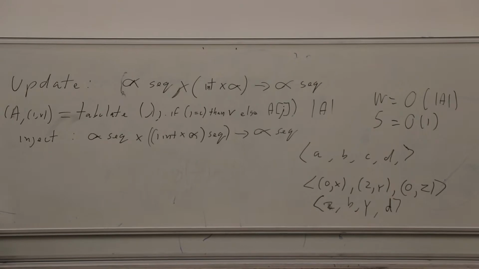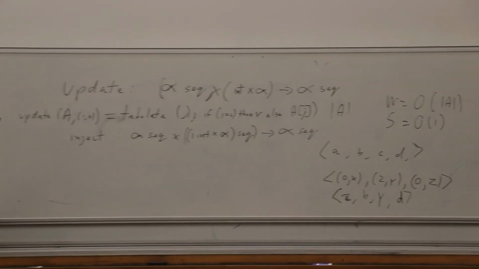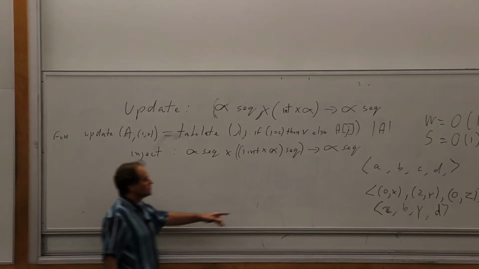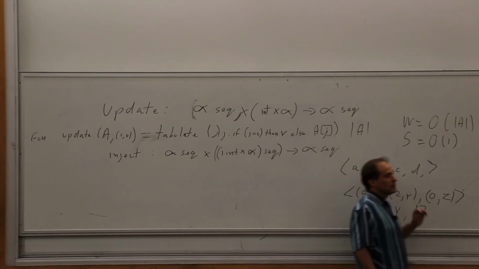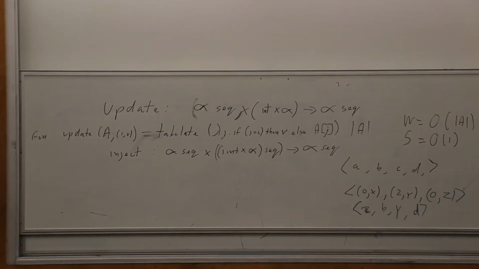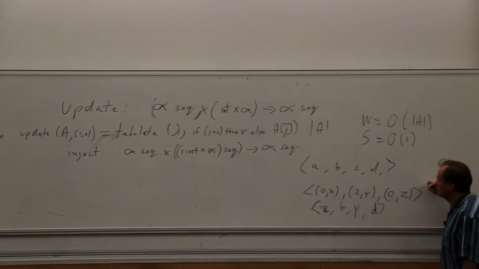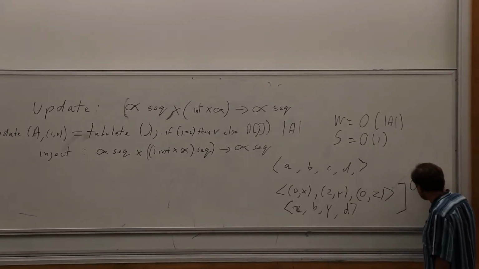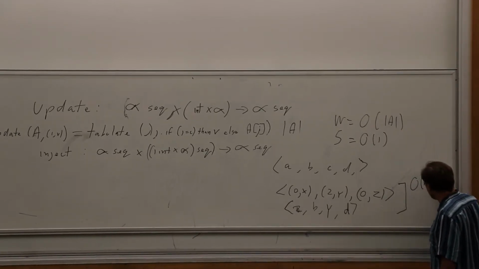Now, it should be clear that we can implement this in parallel, right? Because all of these writes on these multi-cores, they can all write in parallel. There is a little question of how you break this tie. And because of the need to break the tie, I'm actually going to define the cost of this operation, the inject, to be order m plus n.